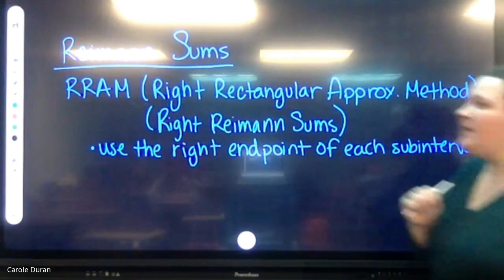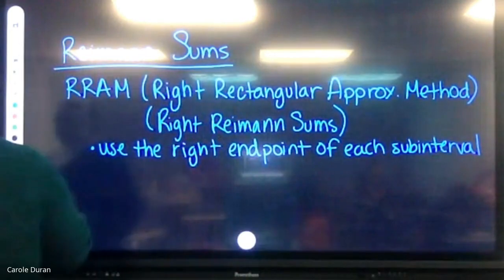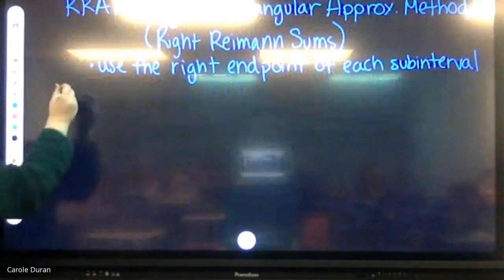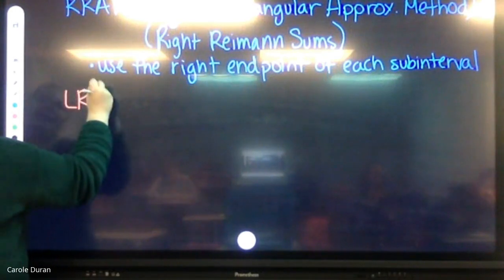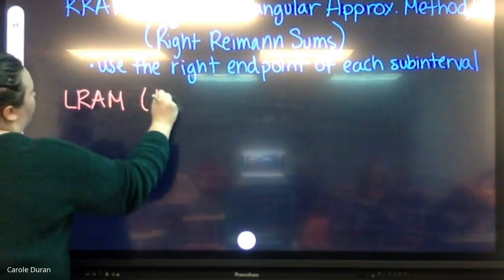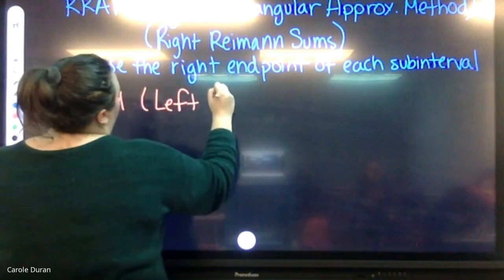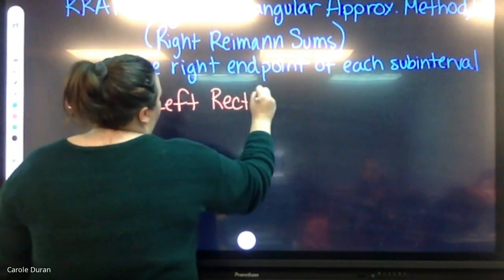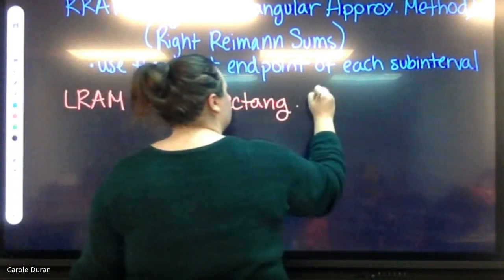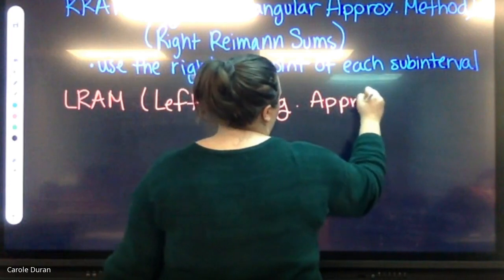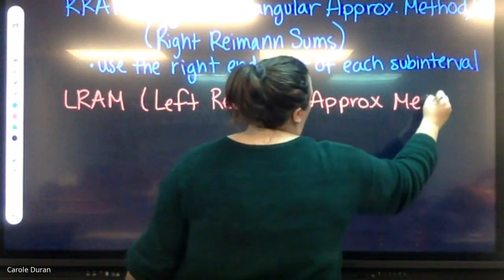Since we have a right end approximation, we can also have a left end approximation, which is LRAM. Means the exact same thing. So it's left rectangular approximation method, or a left Riemann sum.